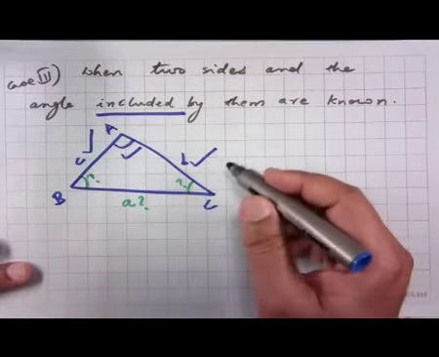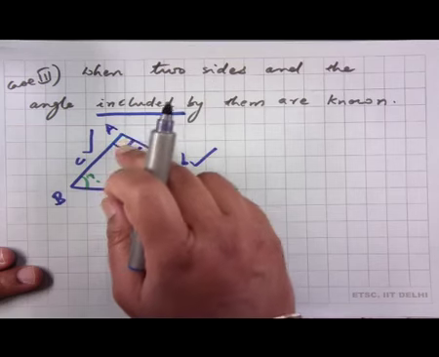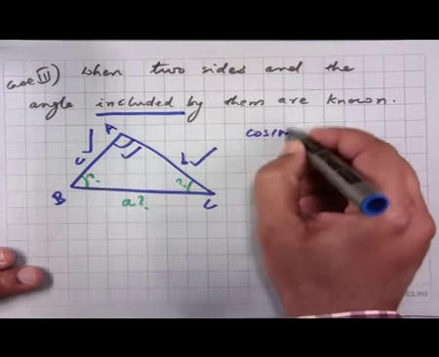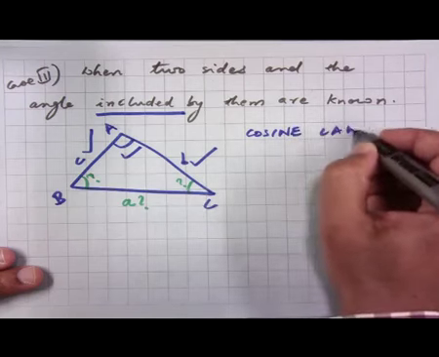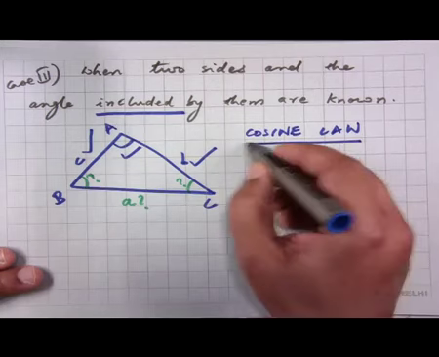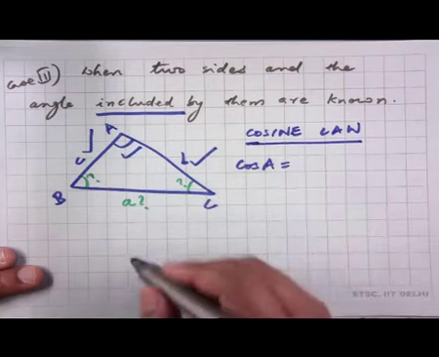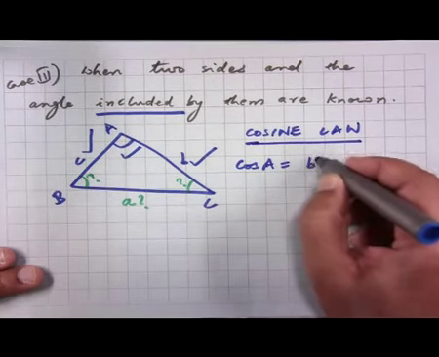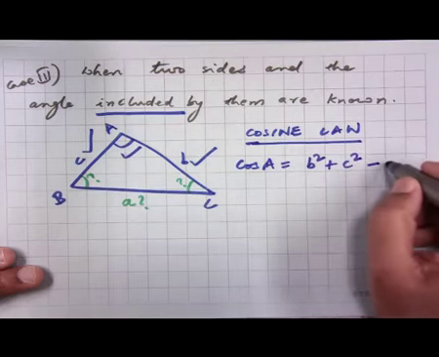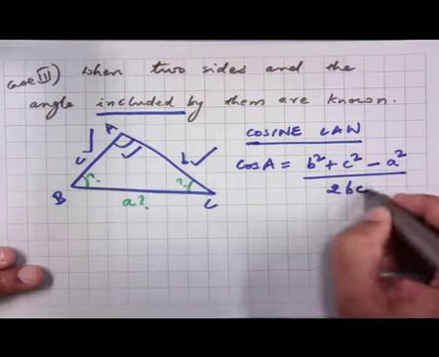For this case we will use the cosine formula at angle A. If we remember the cosine law from one of the previous lectures, then we know that cosine of A is equal to b square plus c square minus a square upon 2bc.